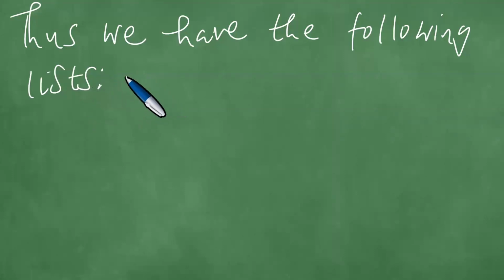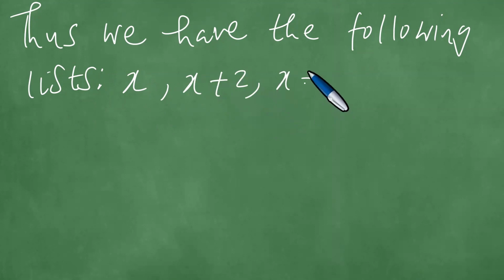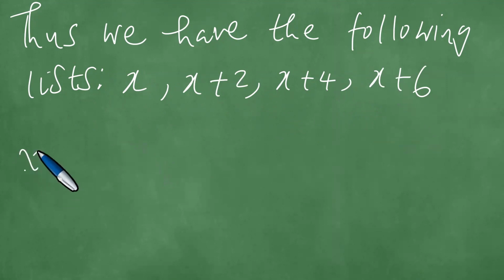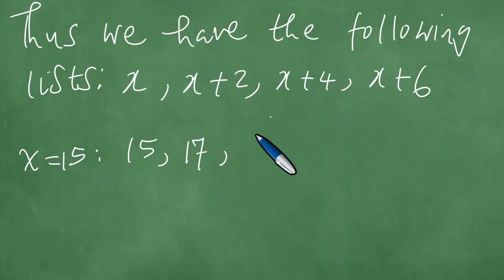What are the numbers? We realize that those numbers were x, x plus 2, x plus 4, and x plus 6. With x equals 15 that we've got, it's going to be 15 here. You add 2, it becomes 17. You add 4, it becomes 19. And you add 6 to 15, it becomes 21.